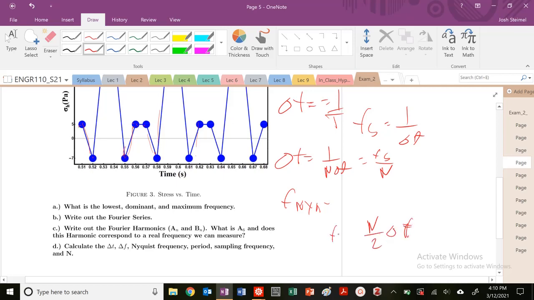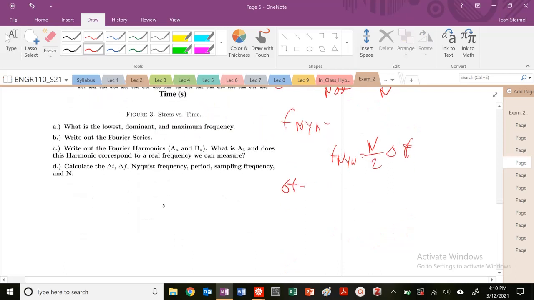We should also know that delta f is equal to 1 over N times delta t, which is also f sub s over N. So we can rearrange it: f sub s is equal to N delta f. We also know that our f Nyquist is equal to f sub s over 2.